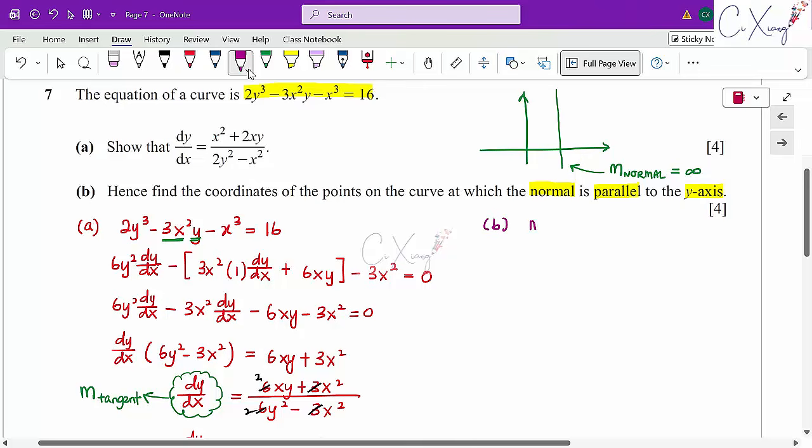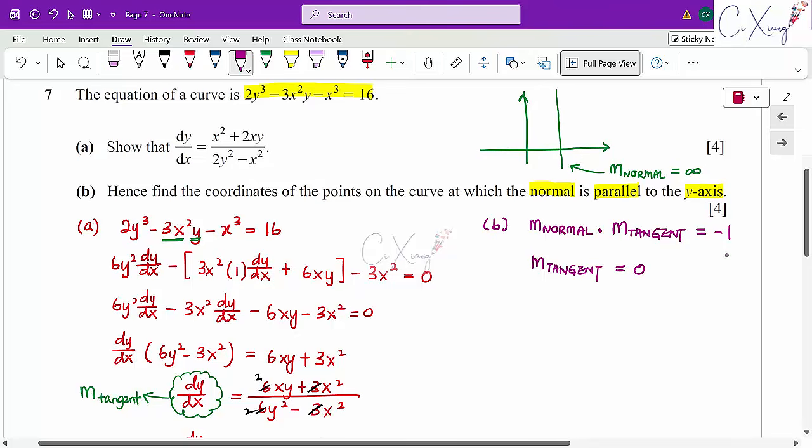Since I know that the gradient of normal is infinity, and we know also that gradient of normal multiplied with gradient of tangent should equal -1 because they are perpendicular to each other. If you imagine that you have infinity and you bring it down, you have -1 divided by infinity. That is a very small value, so your gradient of tangent should be close to 0.